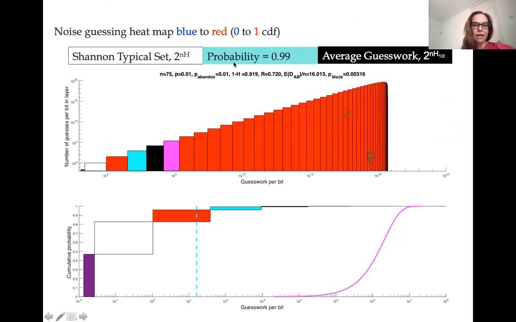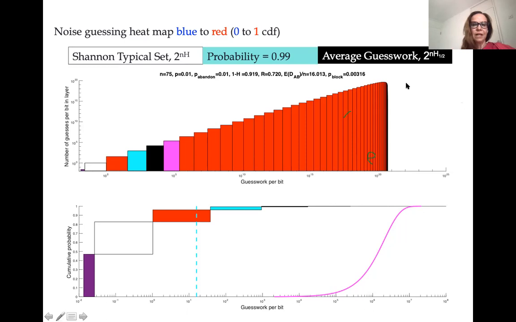So here, what do I have? I have in white the typical set. Here I have 99.99 probability, and here I have the average guesswork if I had to guess the actual noise.